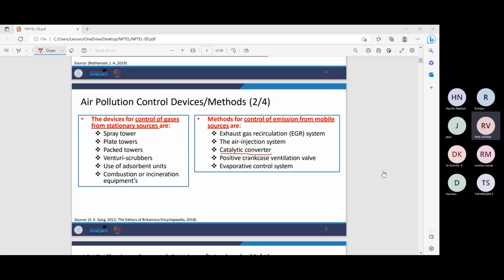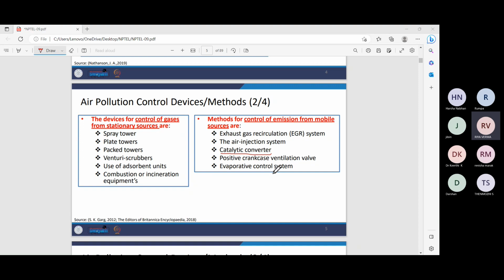Okay, so coming towards this catalytic converter, basically what it does is, you were right, it converts your harmful gases like carbon monoxide and hydrocarbons into other forms that are less harmful. But there are a few attachments that can be used with that in the tailpipe.